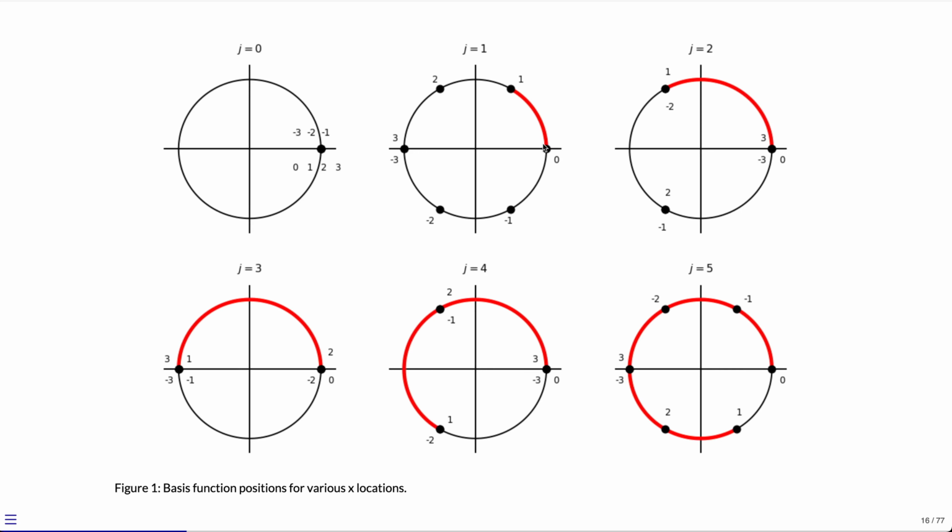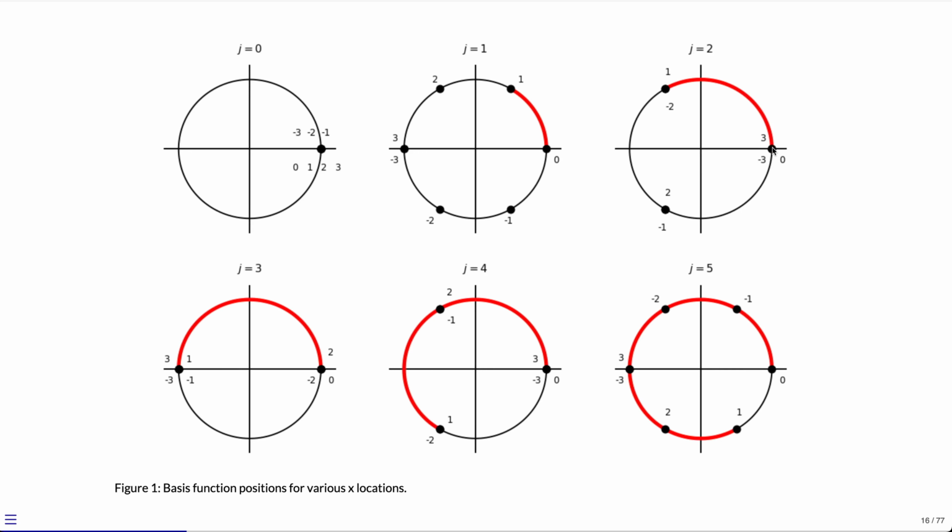The red curve indicates the angle that we're stepping for each n. So we go n is 0, step to n is 1, step to n is 2, step to n is 3, then from 0 step to n is minus 1, minus 2, minus 3.